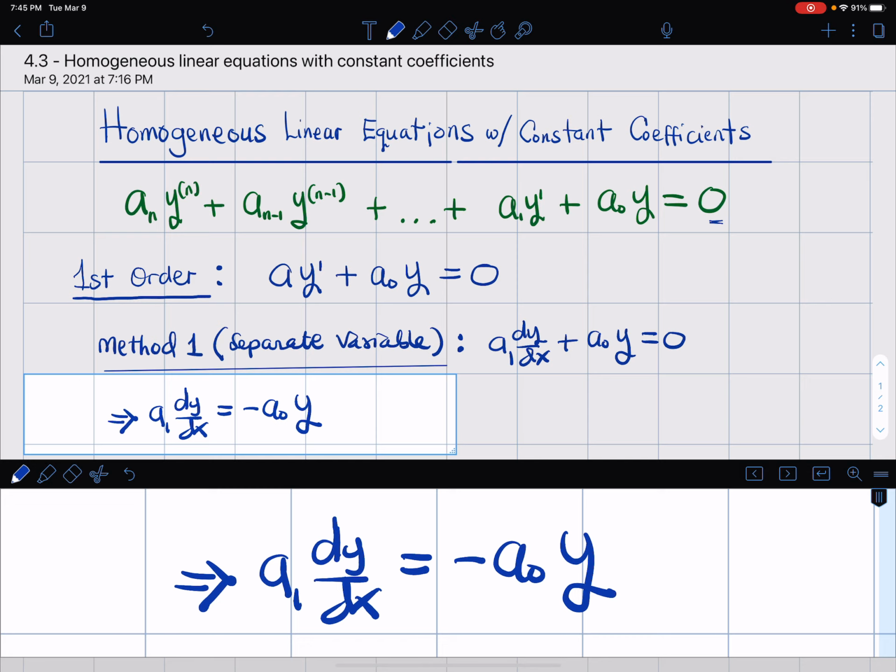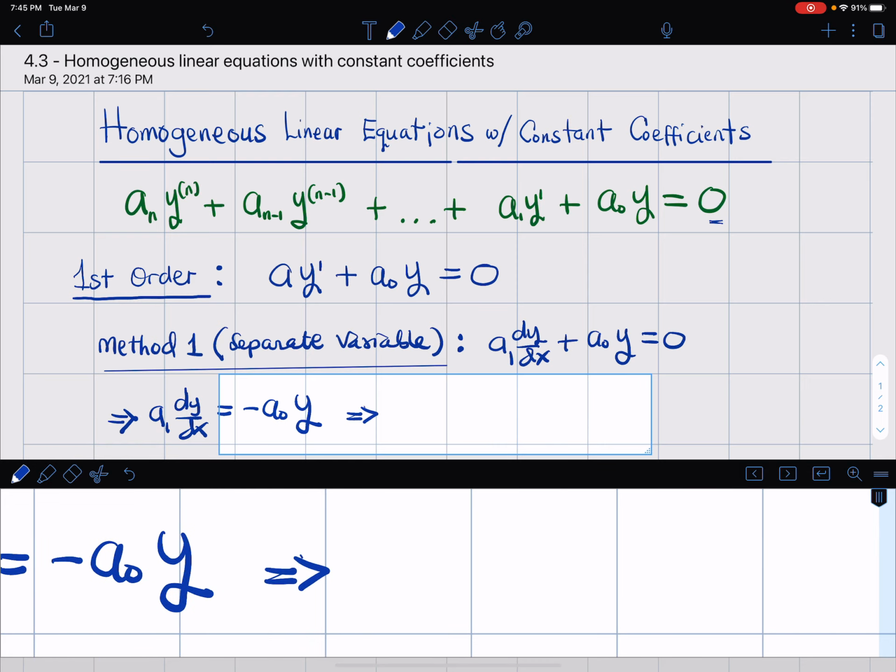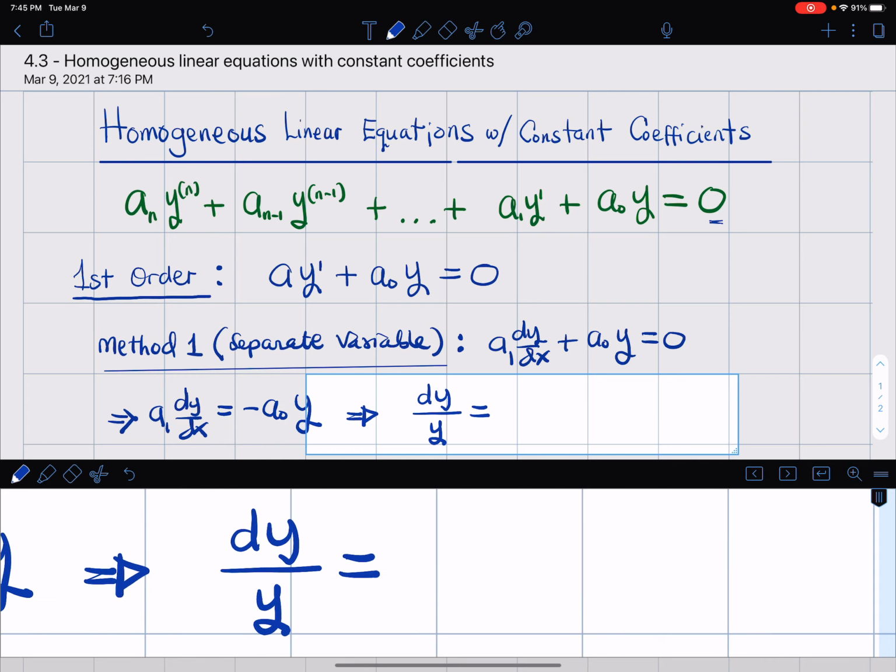So we end up with dy over y is equal to negative a0 over a1 dx.